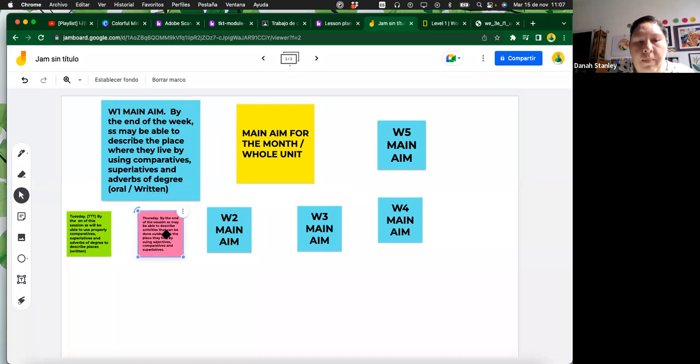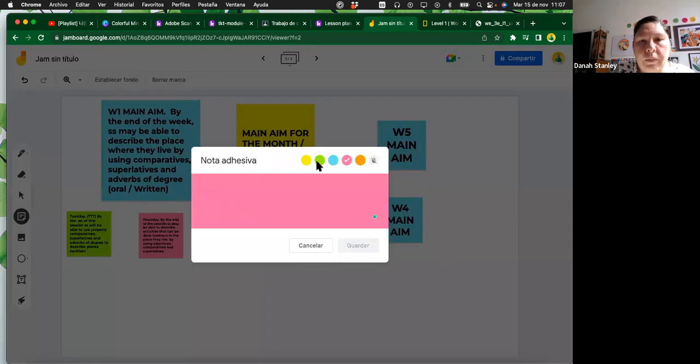This is the main aim. But in here, because I have the T, the first T, let's put activity 1, subsidiary aim.